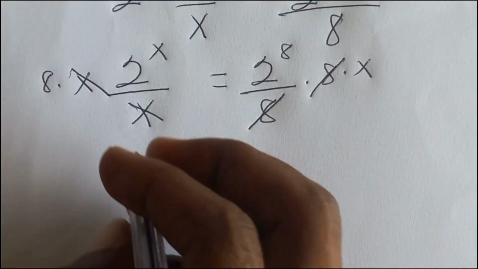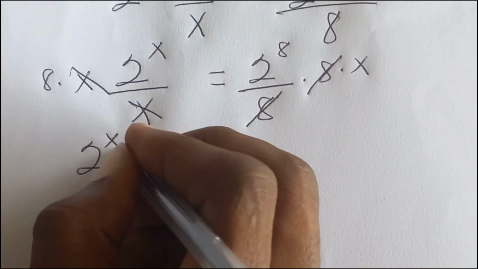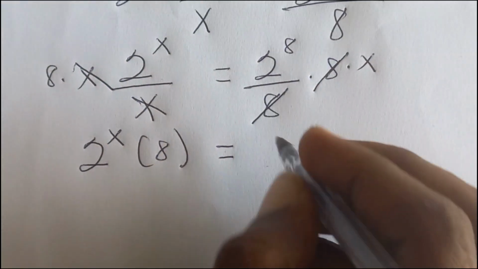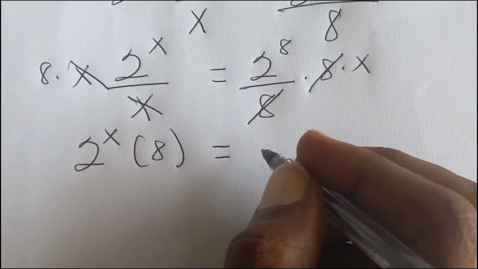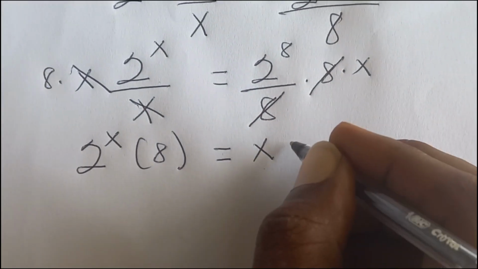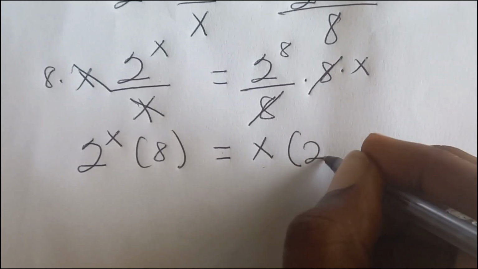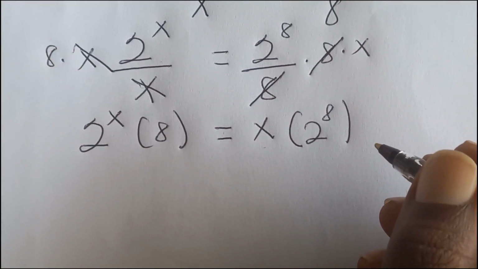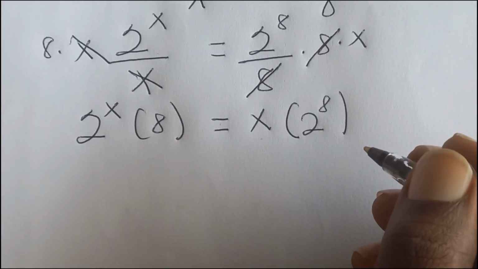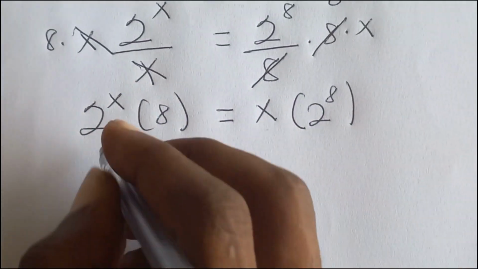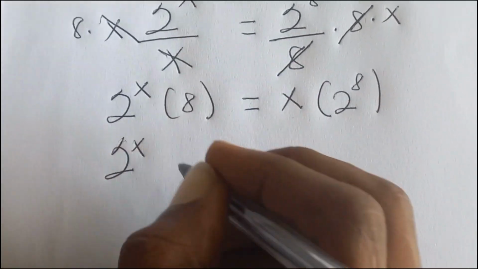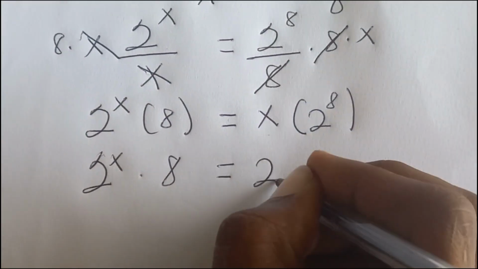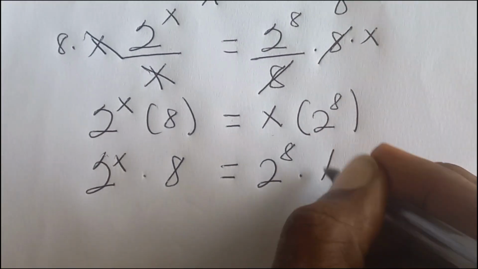So at this side, we are going to get 2^x times 8, is equal to x times 2^8. Anyhow you write it, you're going to get the same answer. Or you can rewrite it as 2^x multiplied by 8. It's the same as 2^8 multiplied by x, okay?